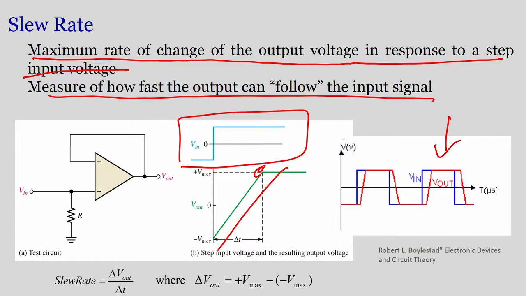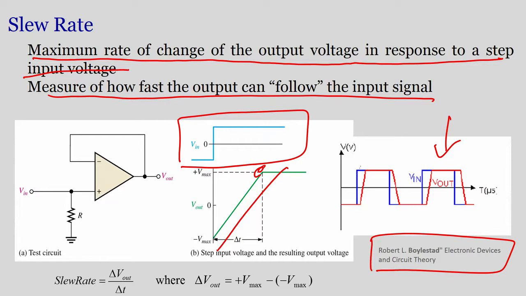I have taken this graph from Robert Boylestad, Electronic Devices and Circuit Theory, just to help you understand what this means. You can refer to this book and get in detail what exactly slew rate means. But let us understand from this lecture what this graph means.